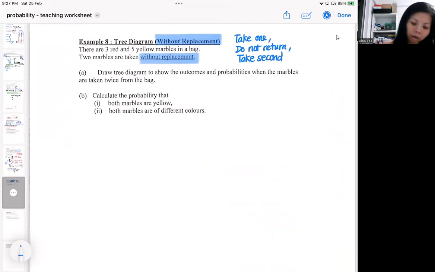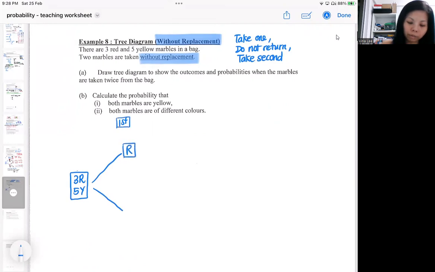Now I'm going to draw the situation, the same quantity. So this is a bag. If I take my first marble, it could either be a red or a yellow. The probability will be 3/8 and 5/8.